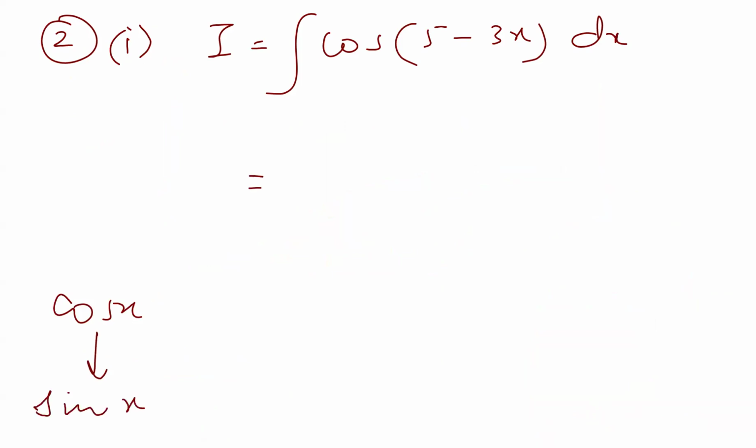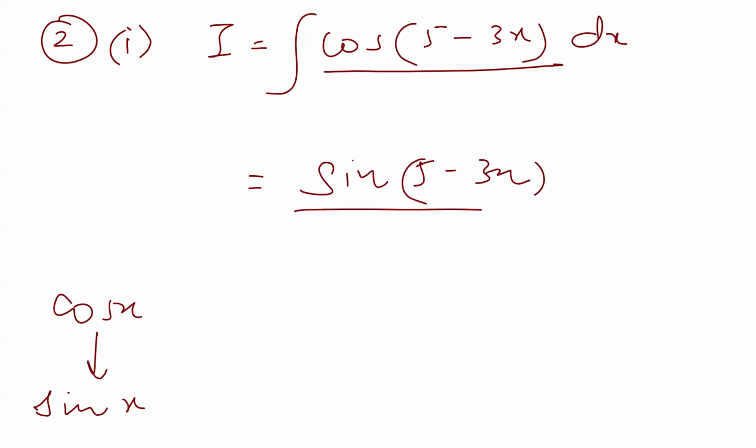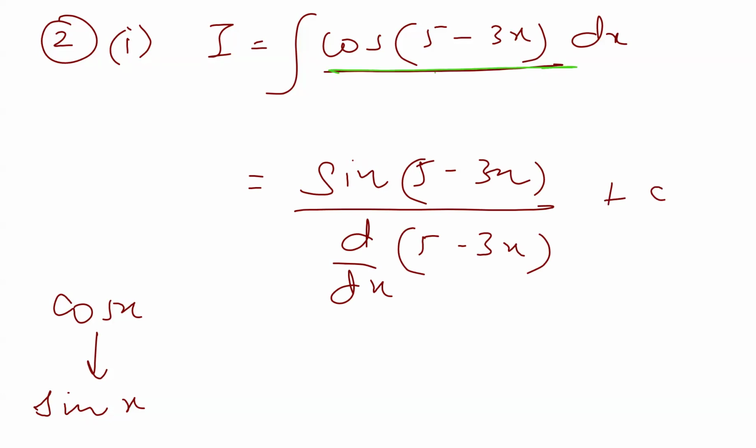So integration of cos of pi minus 3x will be sin of pi minus 3x upon d/dx of pi minus 3x. Because when we compare this term with cos x, who is x? x is pi minus 3x.